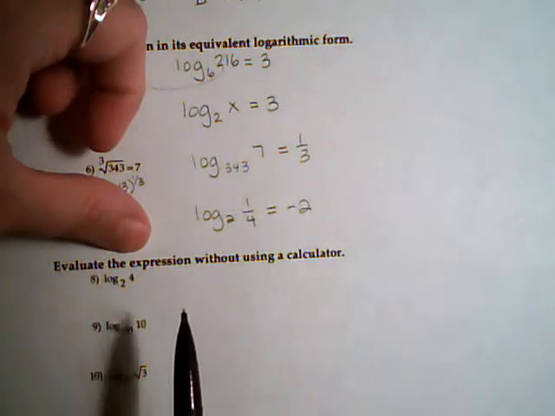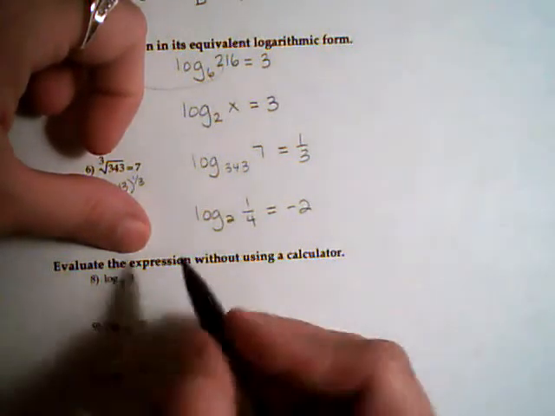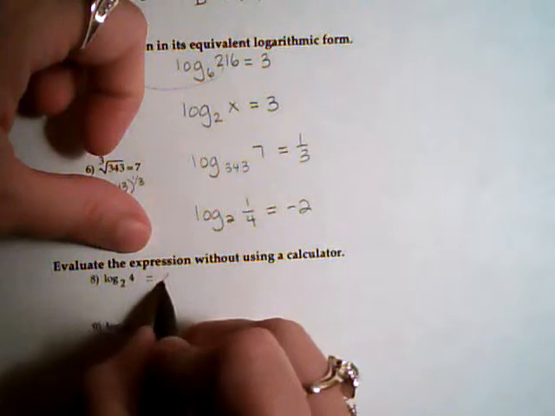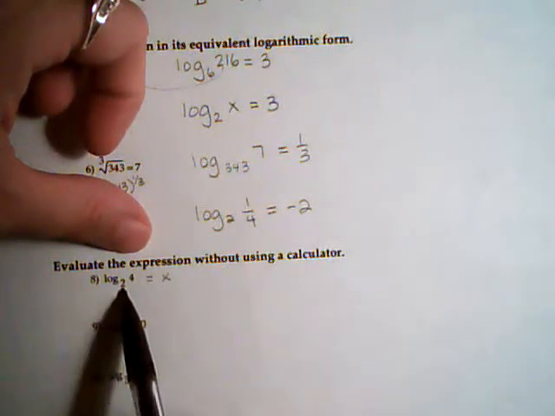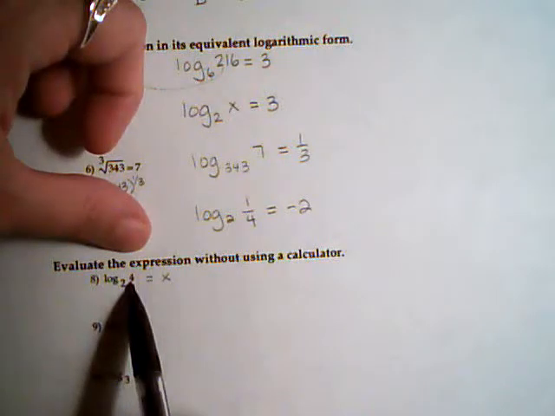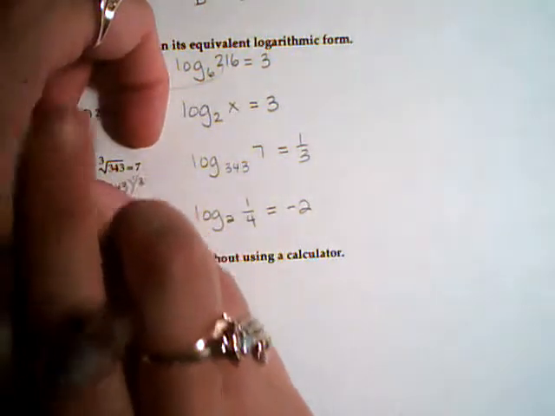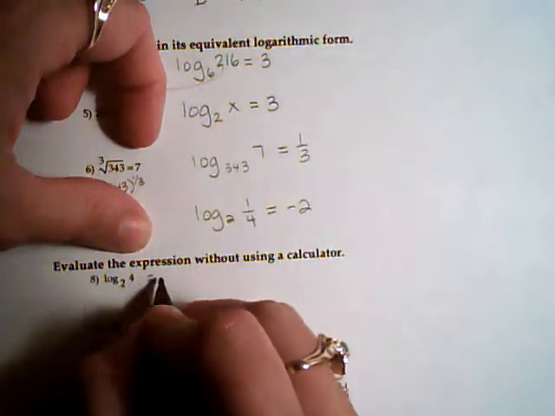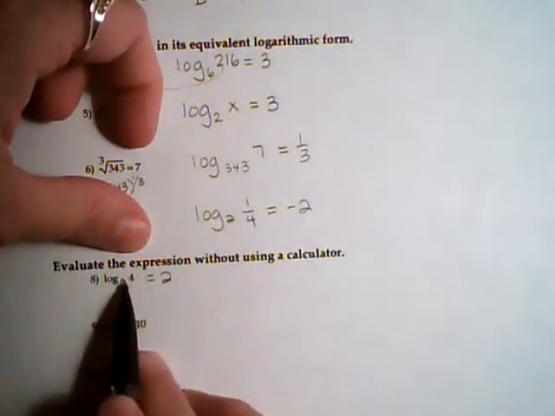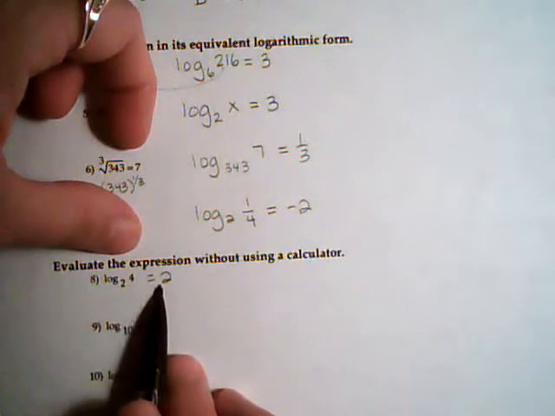So I need to be asking myself, 2 to what power? Let's say this is equal to x. 2 to some power is equal to 4. That power would have to be 2. So log base 2 of 4 equals 2, because 2 to the second power is 4.